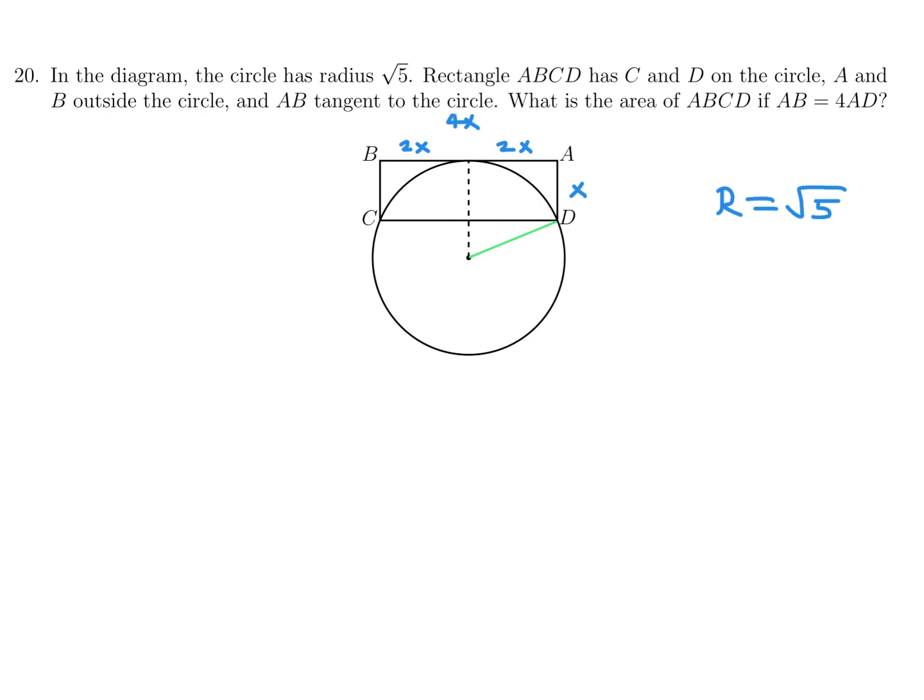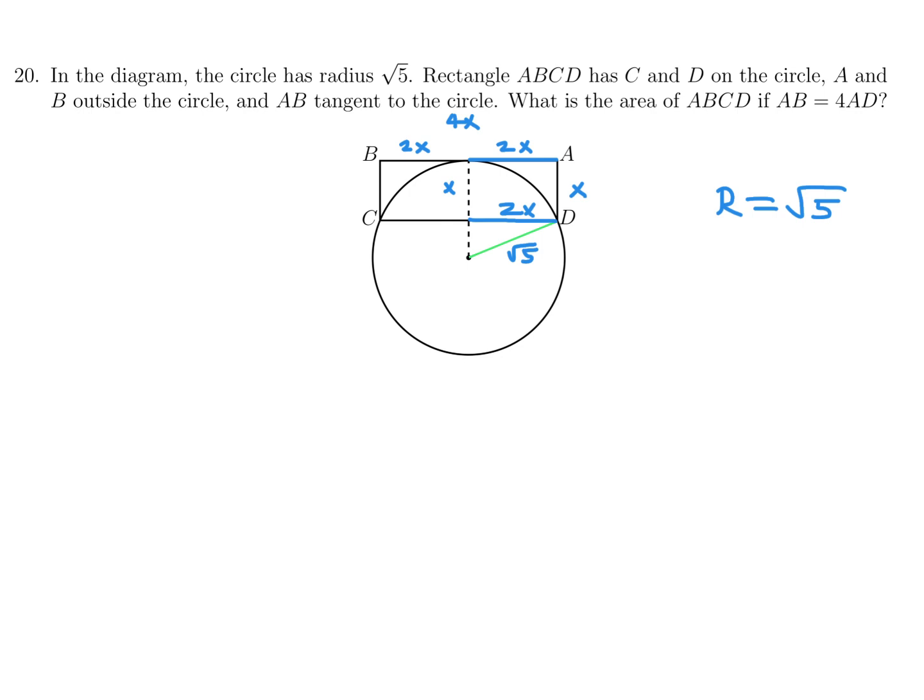And now let's talk about this. So if that from there to there is 2x, and that means this from there to there is 2x, that green line is the radius, so that's √5. That dotted dashed line is also √5, but from top to bottom it's x.